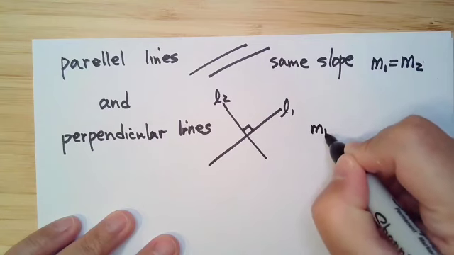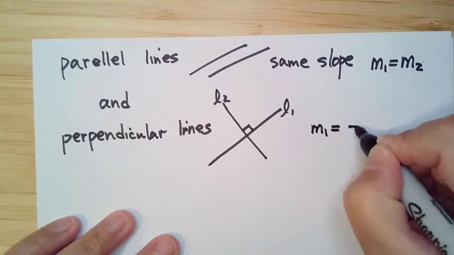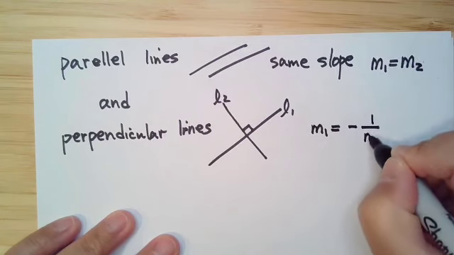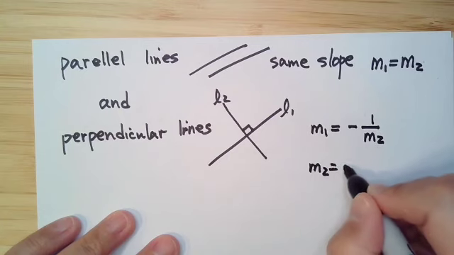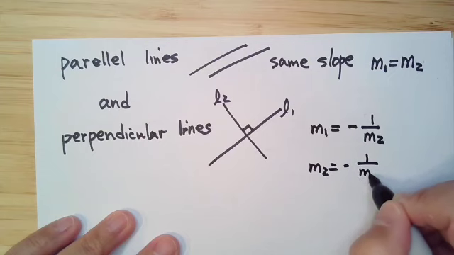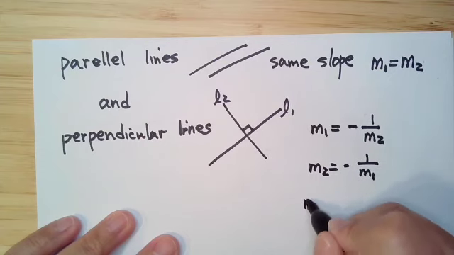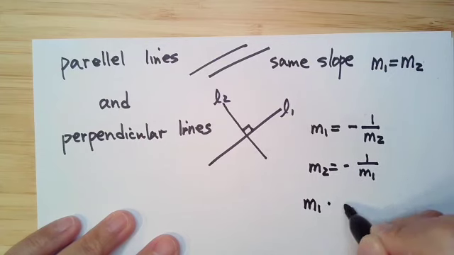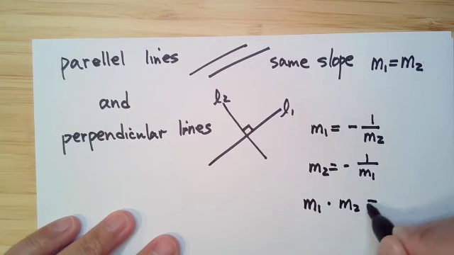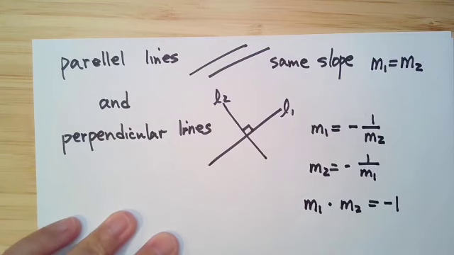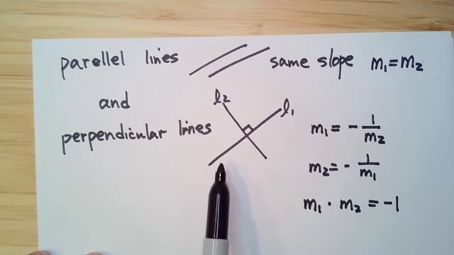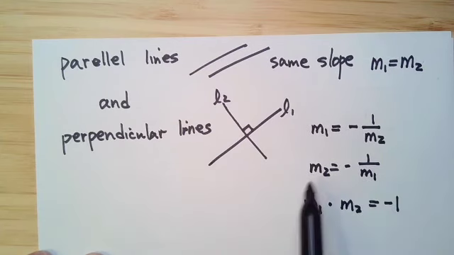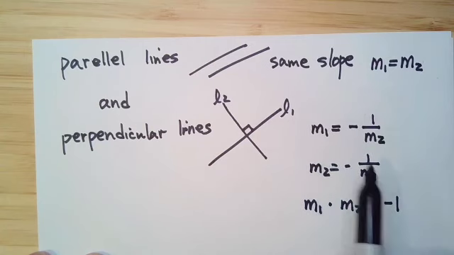M1 equals negative inverse of M2, and vice versa. M2 is also negative 1 over M1. Or another way to remember that is M1 times M2 equals negative 1. Okay, so you should remember either one. It's the same thing. So for two parallel lines, this is the relationship between their slopes.